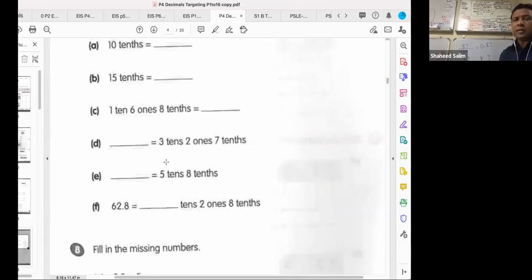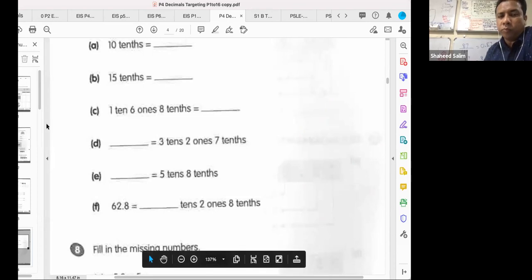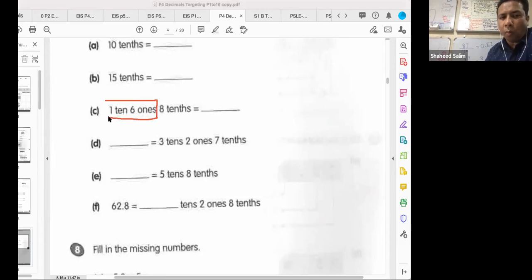Okay, now you try this. 1 ten, 6 ones. Imagine you do 1 ten, 6 ones, how much? You know how to do this. You just put the 810. If you don't know, you do this one first.